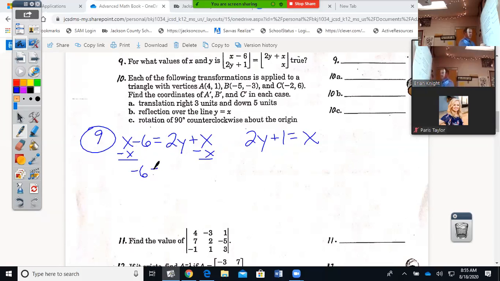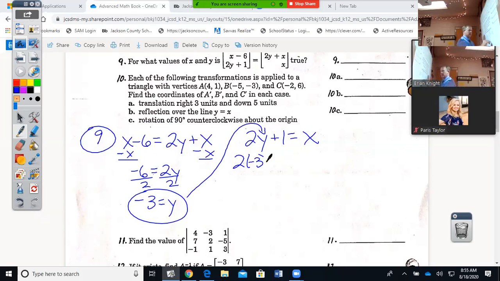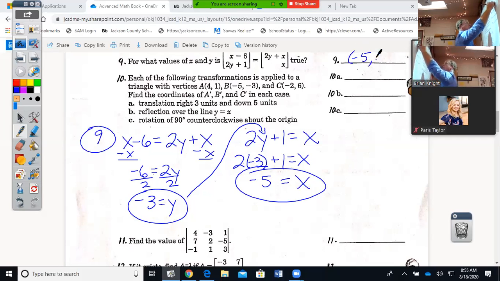And now I don't even have to do all that. I just have negative 6 equals 2y. Divide, so negative 3 is y. And now I'm going to plug negative 3 in to get x. That's much easier. Is that negative 5? Okay. So, negative 5, negative 3.